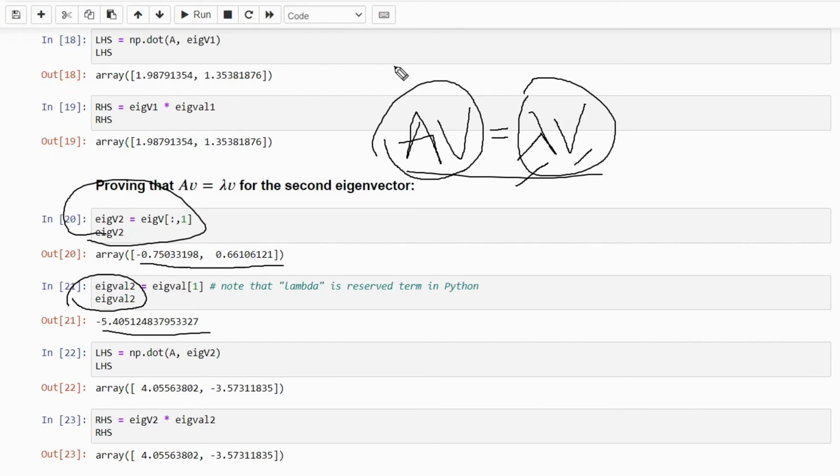So let's try to calculate the left hand side of the equation first. I am doing a multiplication between the matrix and the second eigenvector, which is giving us this output. And then I'm calculating the right hand side of the equation, which is nothing but the product of the second eigenvector and the second eigenvalue, and their output as well is exactly the same as the output we have for the left hand side.